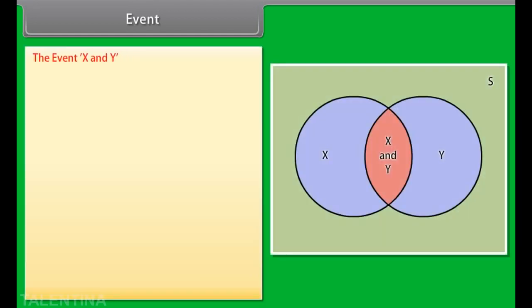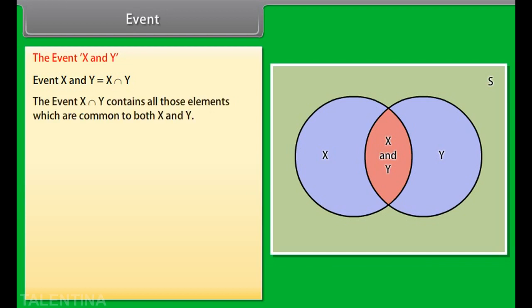The event X and Y is equal to X intersection Y. The event X intersection Y contains all those elements which are common to both X and Y. To understand it, let's take an example. The sample space S of throwing a dice is S = {1, 2, 3, 4, 5, 6}.